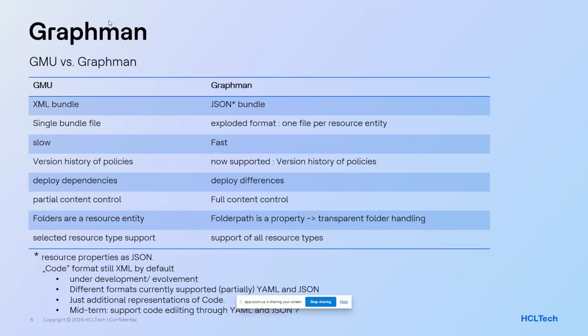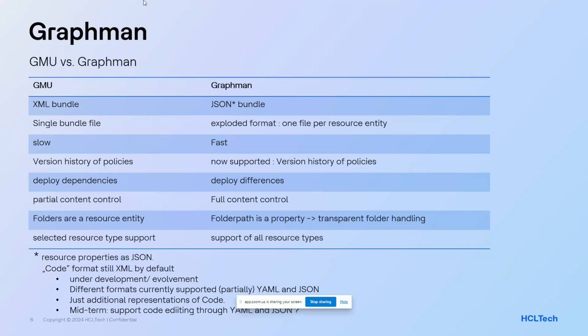Changing the folder path of a service, importing it to the target gateway, leads to a move of a service from one folder to the other, which, in my understanding, was a nightmare when using the GMU. So even there, more generic understanding, more generic capabilities, which is very helpful.